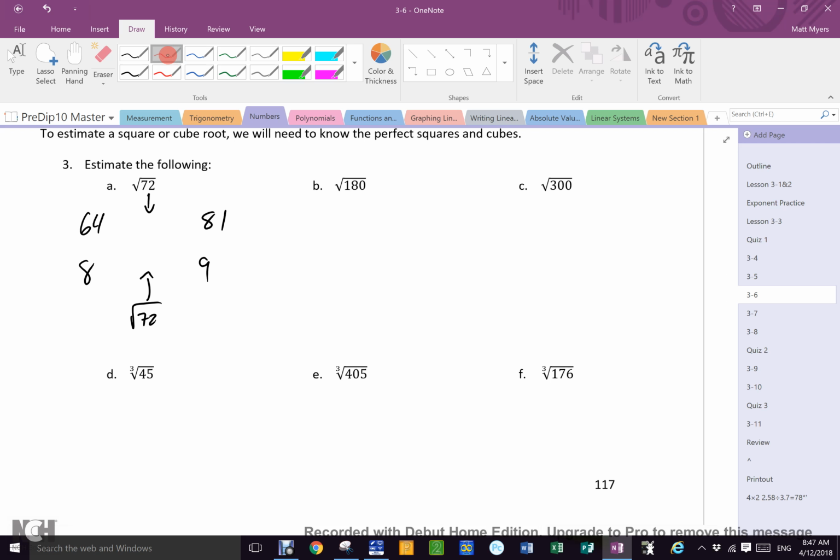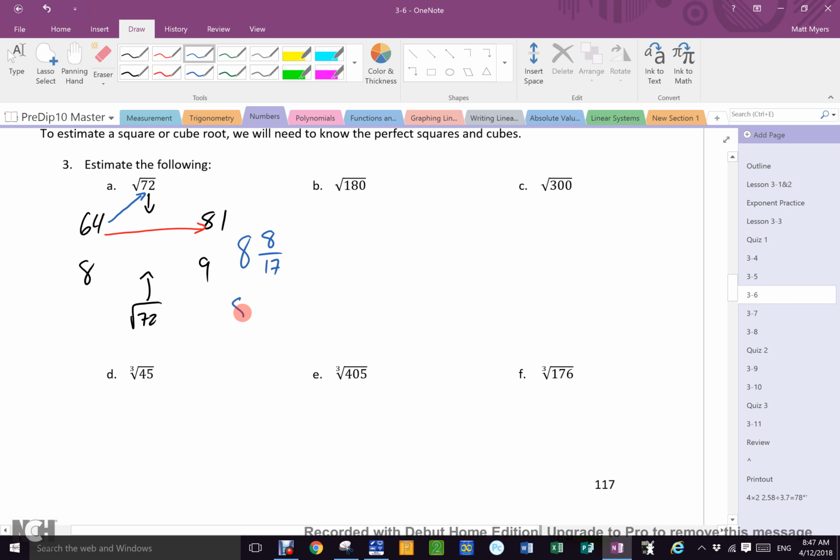How far is that on the number line? 17. How far is that on the number line? 8. So I have gone 8 out of a possible 17 steps in here, right? And the whole number was 8. Now, 8 over 17 is a yucky fraction, but it's pretty darn close to what? 8.5, isn't it?